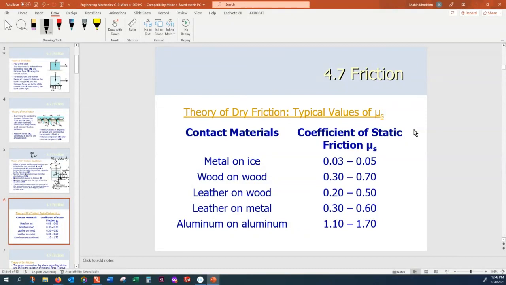If you are sliding leather on wood, that would develop relatively medium to high friction, and leather on metal, yes, moderate friction. And the highest friction is when you are rubbing aluminum against aluminum.